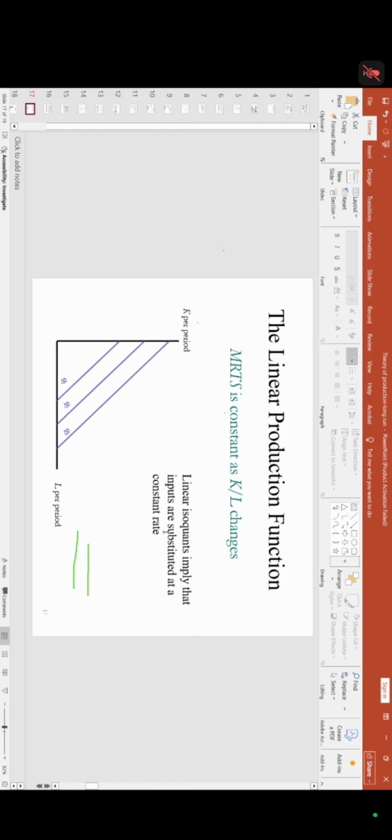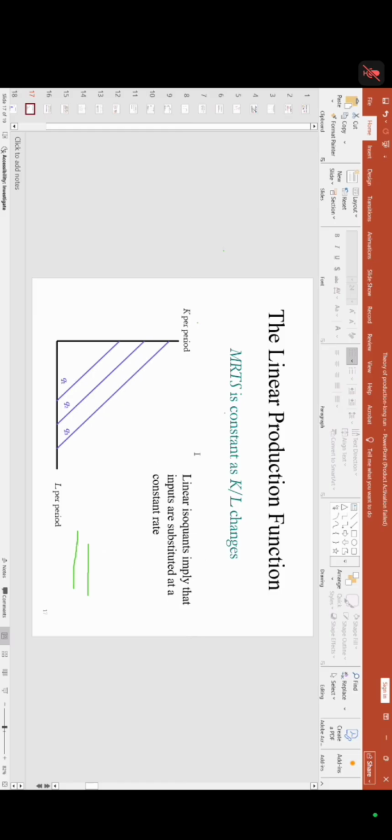It is a linear isoquant and the inputs are substitutable. Clear? Constant. But in the real world, there is no constant linear production function. Always it's a curvy one. So this is basically to be understood.